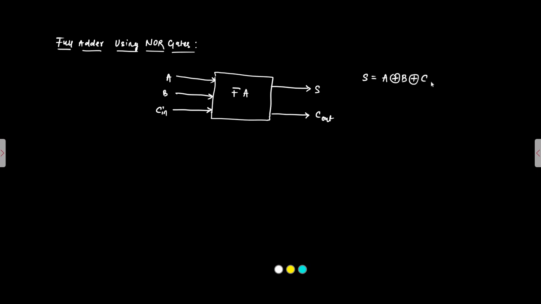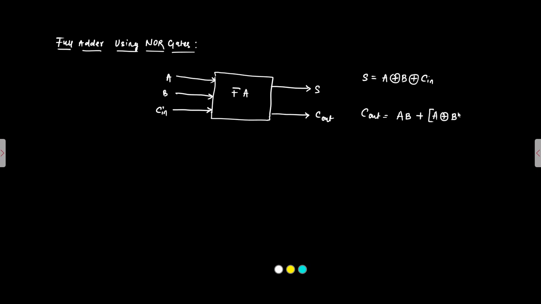Sum, we will write it as A XOR B XOR C in this format. And there is a reason why I am writing it in this format, because we will be using this format for simplification using NOR gates. Implementation using NOR gates. Then carry out we will write specifically in this format.